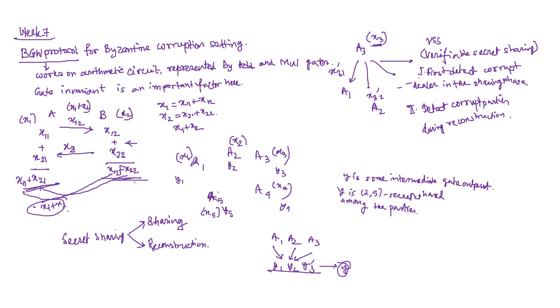For example, if there is a polynomial of degree t, then any t plus 1 points on that polynomial uniquely determine the coefficients of the polynomial, or give a unique polynomial. Also, if there are two degree t polynomials, then they will intersect at most t points. So all these properties we have discussed and exploited in the protocols that were designed previously.